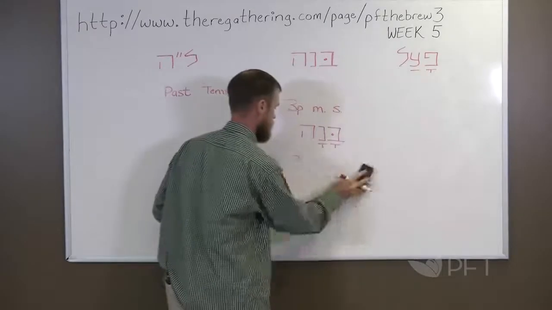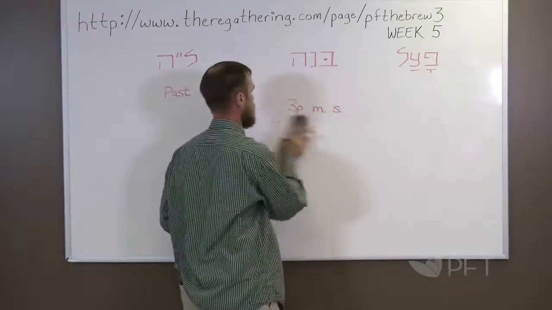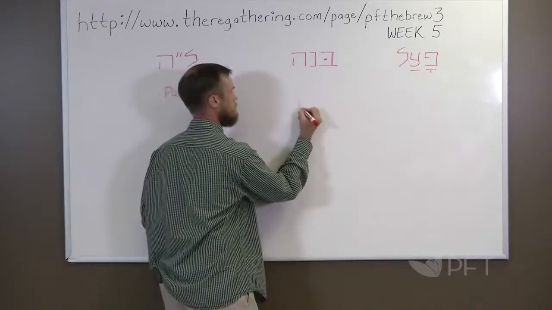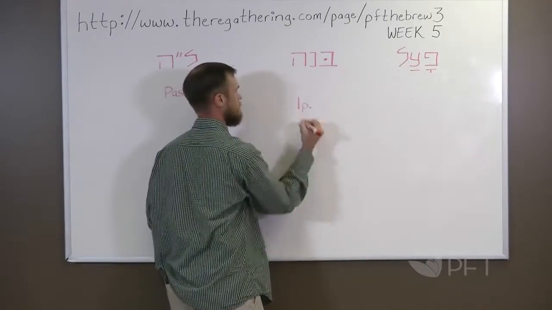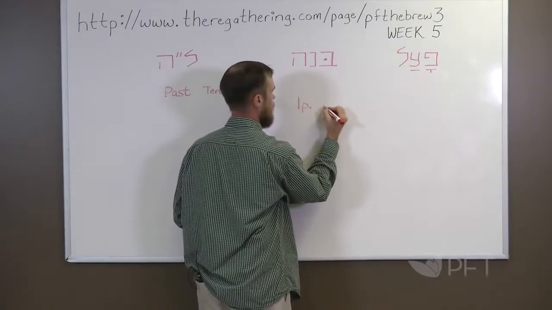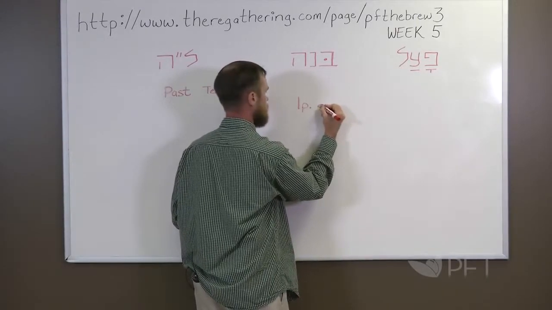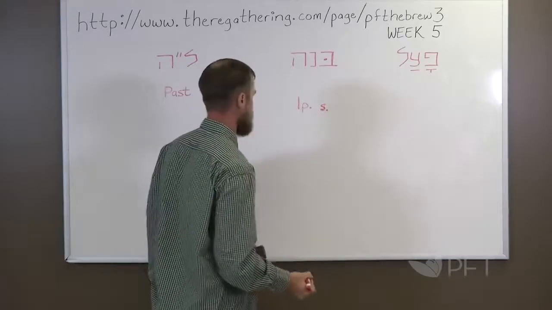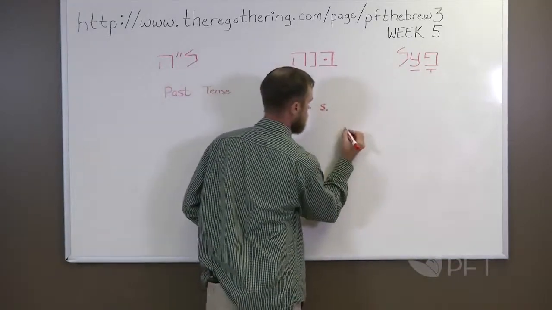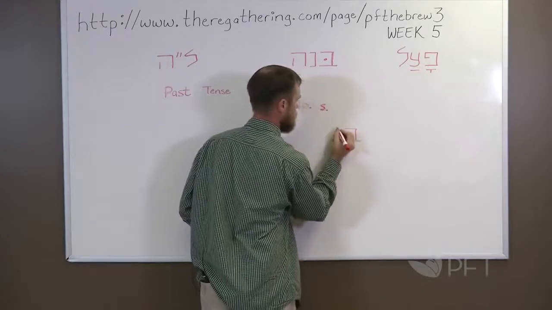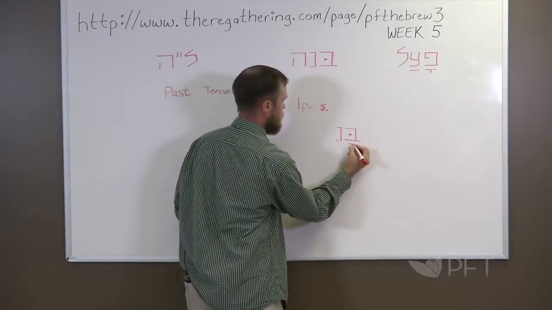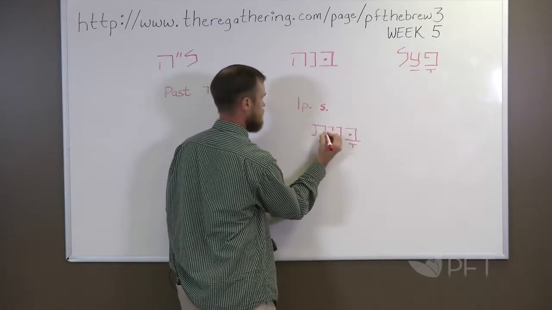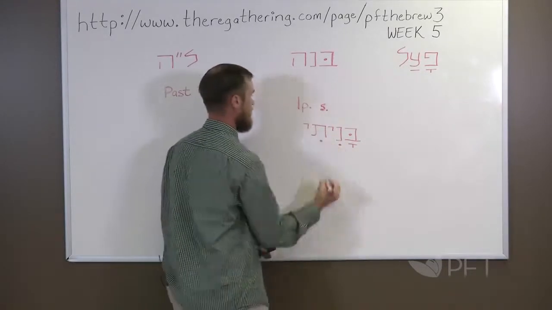And in some cases, it will not only drop off, but will be replaced with something else. So in the first person singular, again still in the past tense, the Hey drops and it's replaced by a Yod, making baniti.